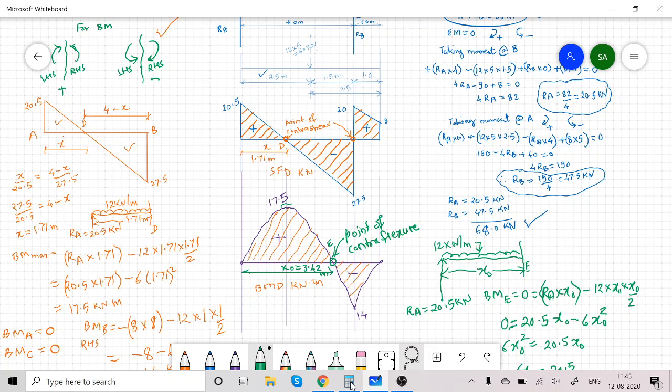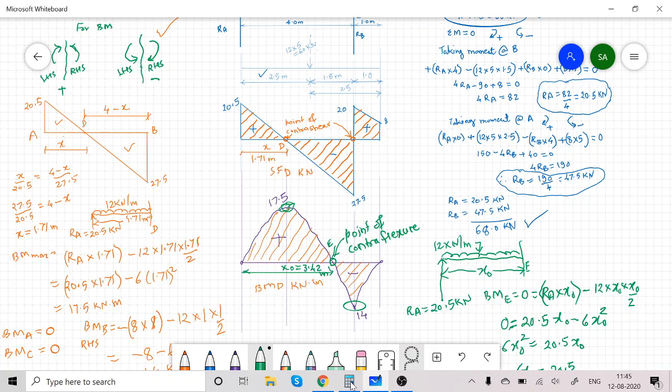Below the point D, we get positive maximum bending moment, and at point B, where there is another point of contraflexure, we get maximum negative, that is minus 14 is maximum, and here plus 17.5 maximum. So the sentence is correct, that at the point of contraflexure we get maximum bending moment.